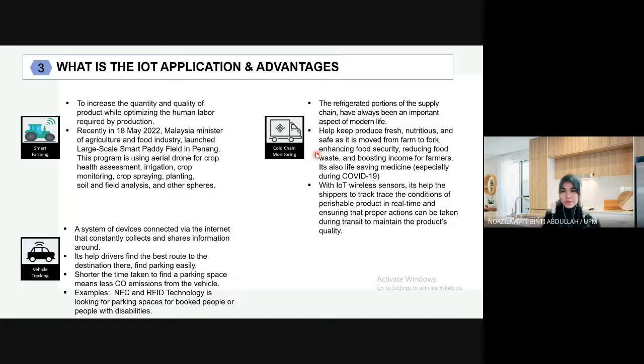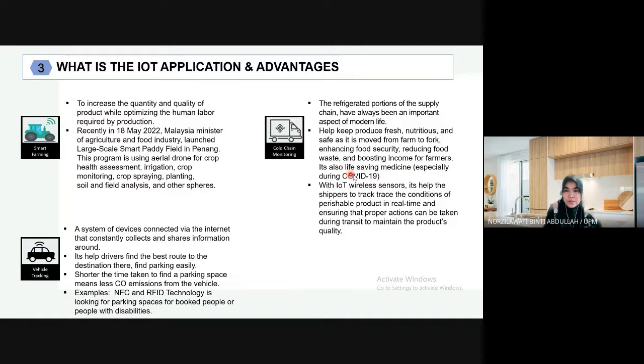Okay, the last one is cold chain monitoring, where the refrigerated portions of the supply chain have always been an important aspect of modern life. It helps produce stay fresh, nutritious, and safe as it is moved from farm to fork, enhancing food security, reducing food waste, and boosting income for farmers.